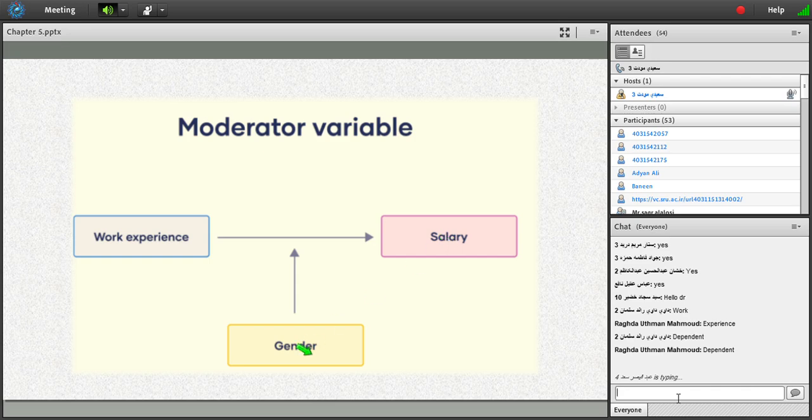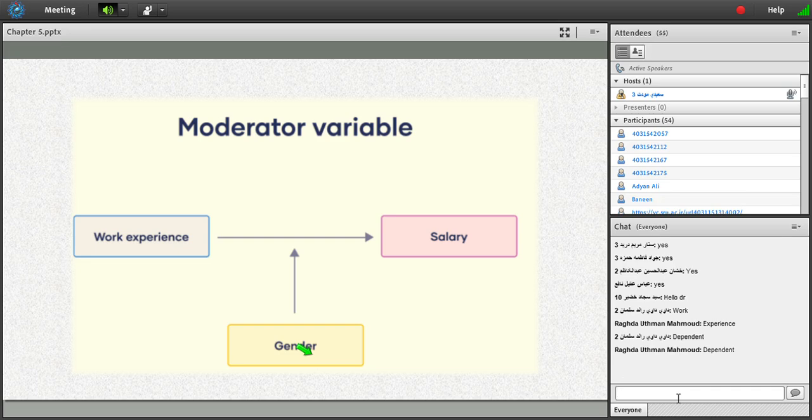So now here, gender of those people who are in the study can be considered as another independent variable which might influence the effect of work experience on salary. It means that, when we have work experience and its effect on salary, the gender, as being male or female, can influence this relationship, this effect.